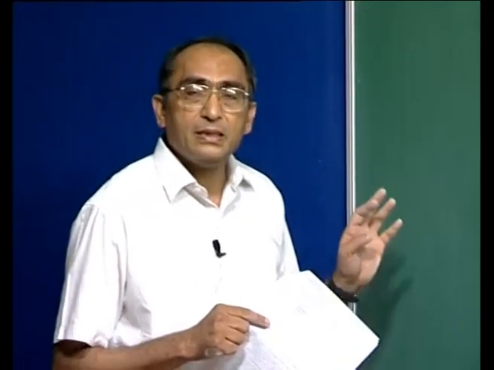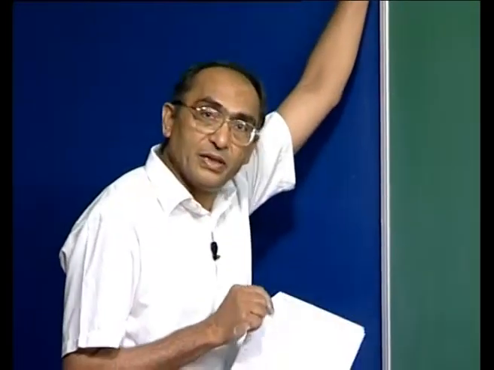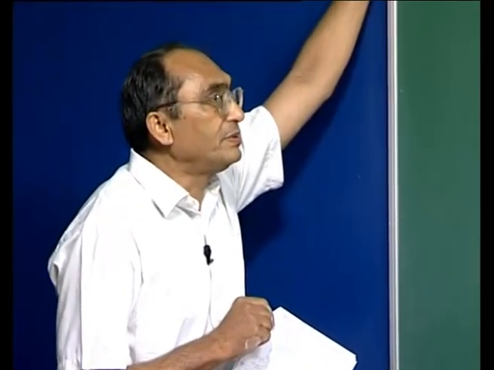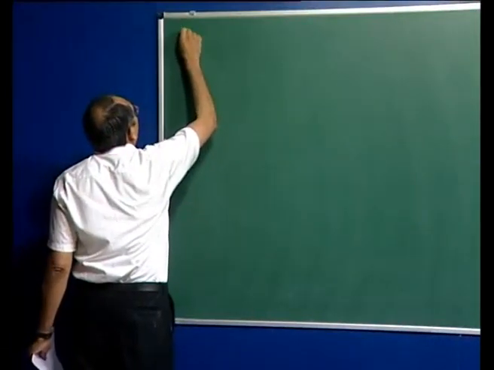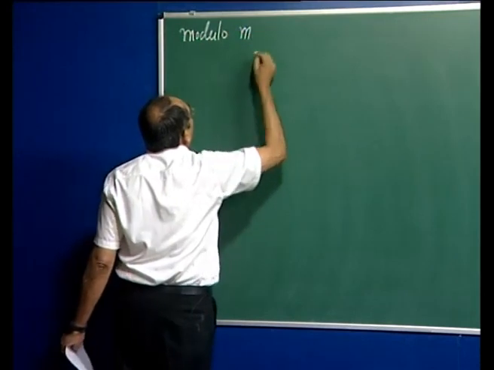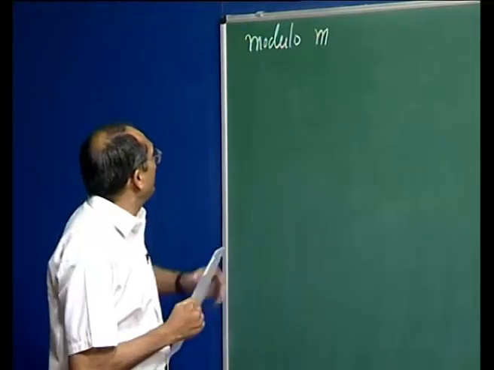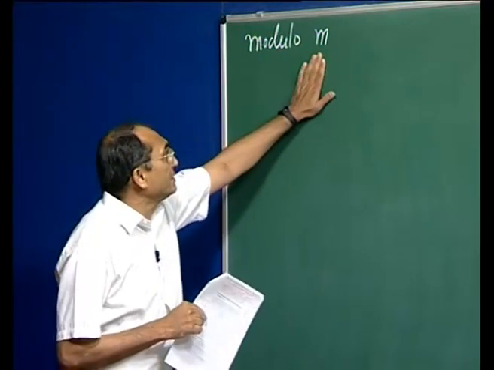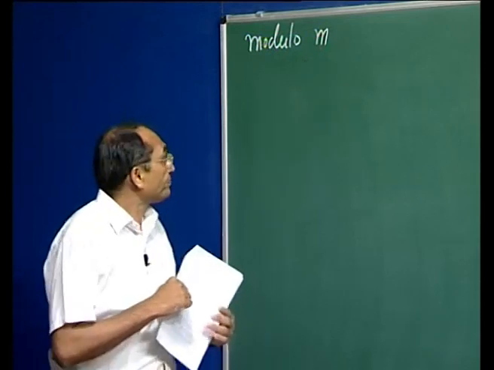But before that, I would like to point out one more interesting and very useful property of this ring Rm. Notice that we will often have to compute modulo m of integers. While performing computations in Rm, we will have to repeatedly perform modulo m.